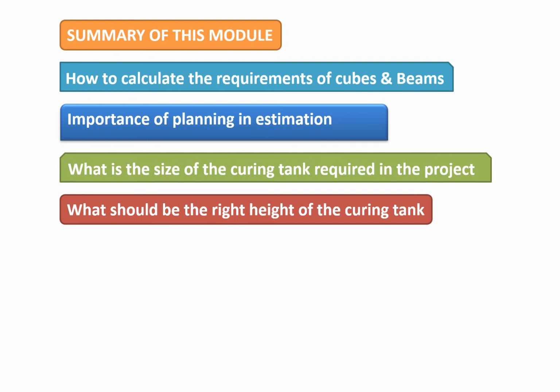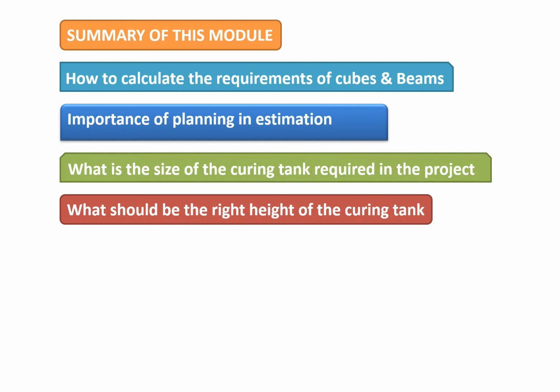The importance of planning in estimating the size of the curing tank is that, depending upon the average or daily quantity planned, your number of cubes or beams can be estimated. If the planned quantity is high, then you end up investing more in inventories in terms of number of cubes and beams and also the size of the curing tank.